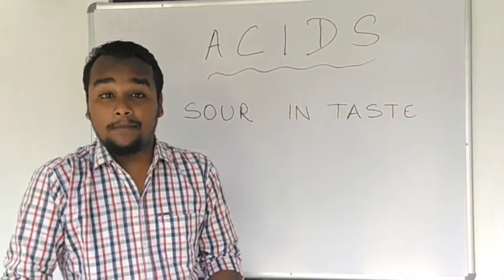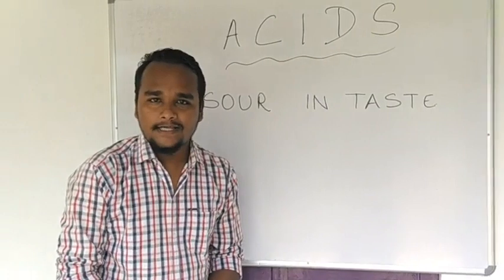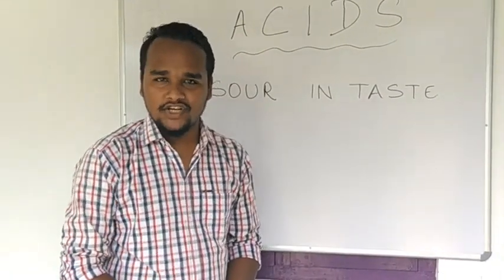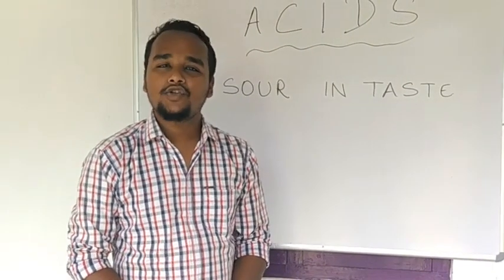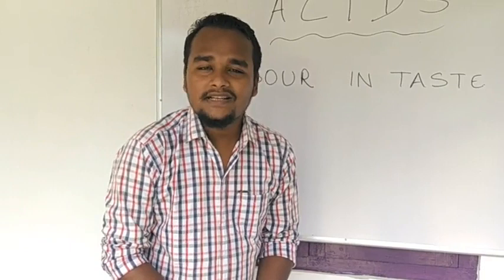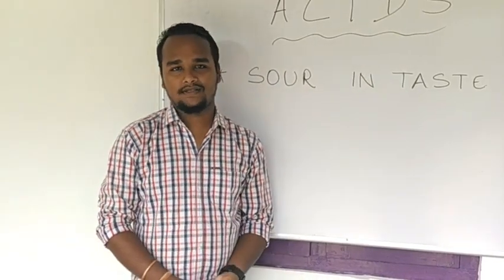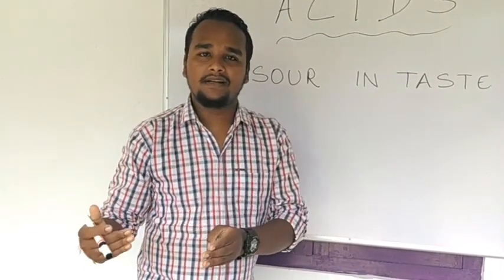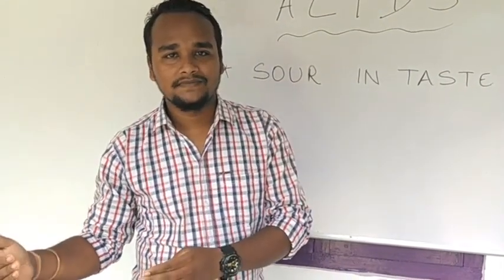What is the taste of a grape? A grape is sour in taste. Okay, when it becomes ripe, its taste changes. But initially, it is sour in taste. What is the taste of a tamarind? It is sour in taste. Right. So, grape, tamarind, lemon.